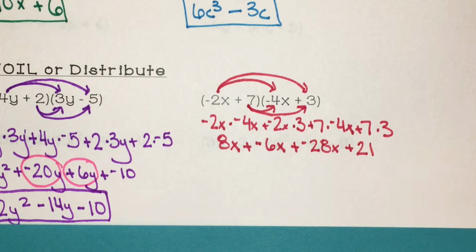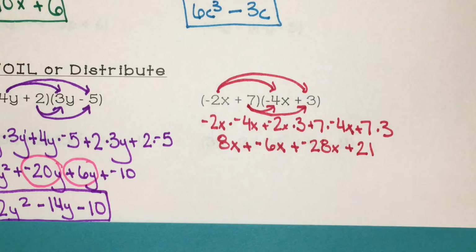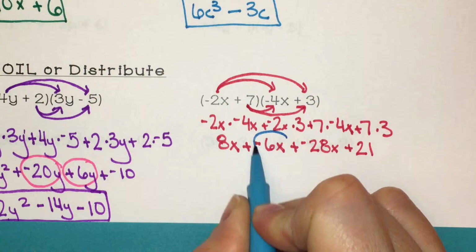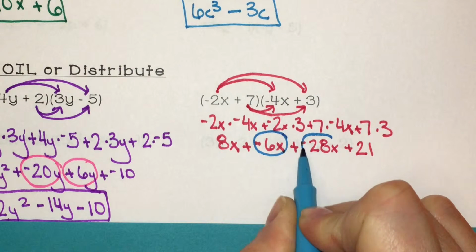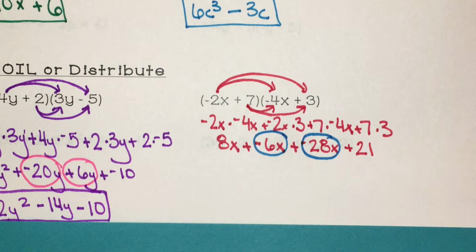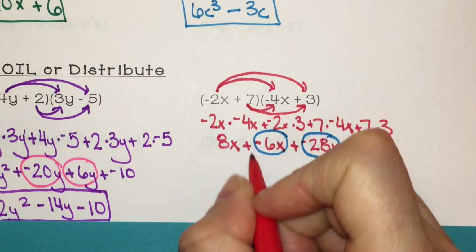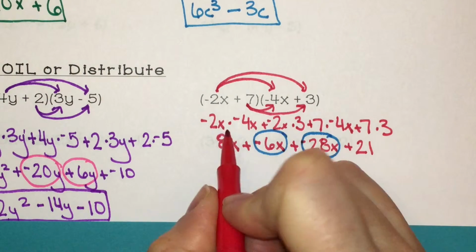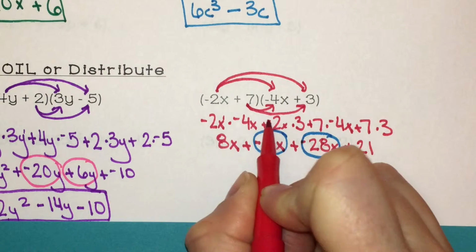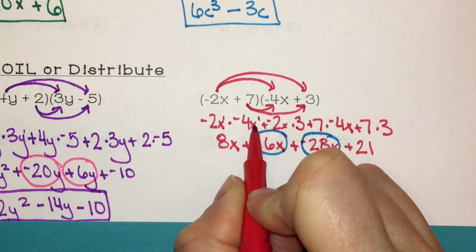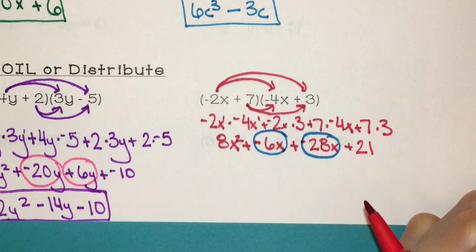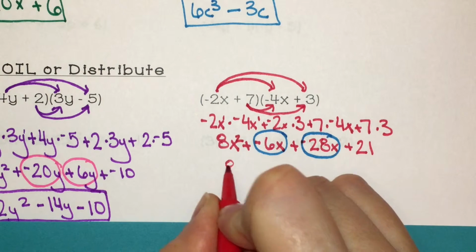We're at the point where we need to combine like terms. We have negative 6x and negative 28x that we can combine. Oh, I see one little error that I made. Up here I didn't combine my x's. x times x gives us x squared. So I'm going to bring down that 8x squared.